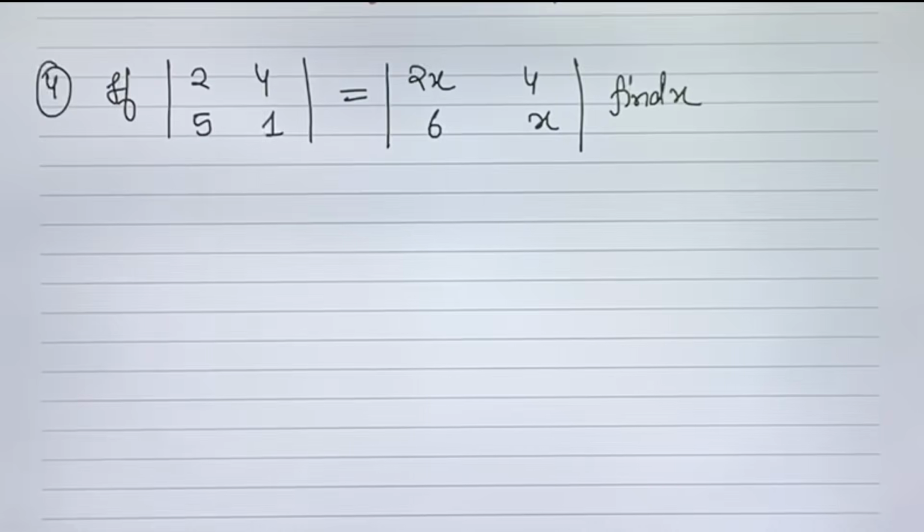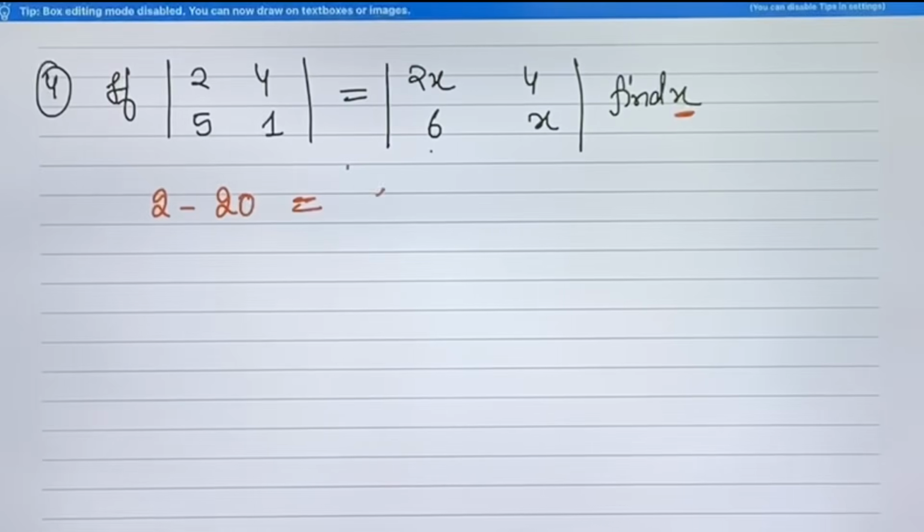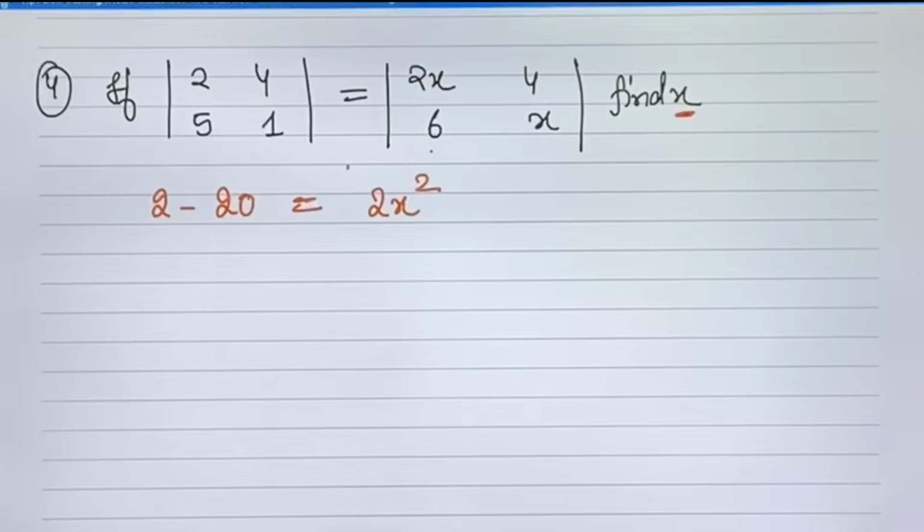Now, this determinant and this determinant are equal. You need to find out x. We will use the property: 2 minus 4 5s are 20 is equal to 2x square minus 4 6s are 24.